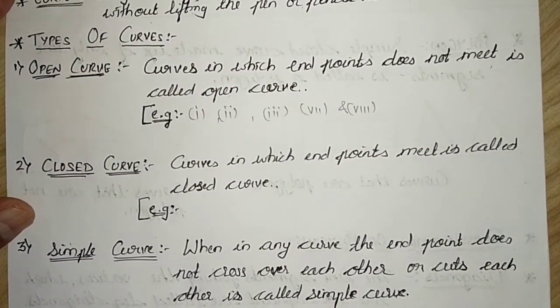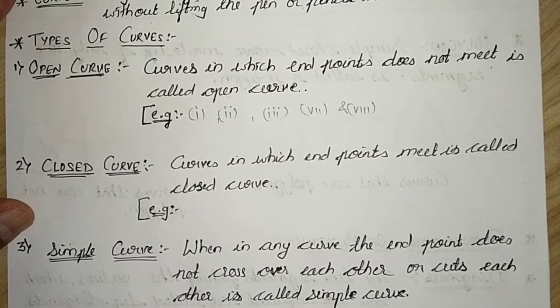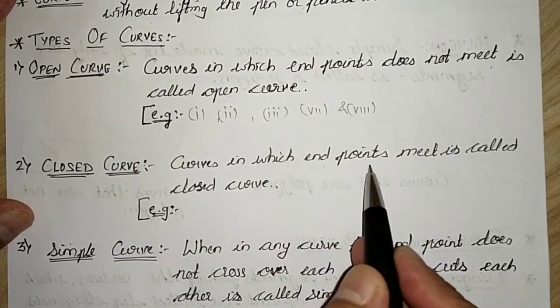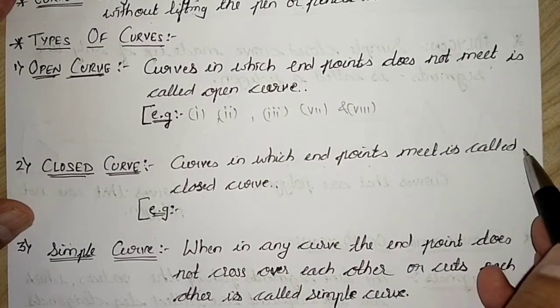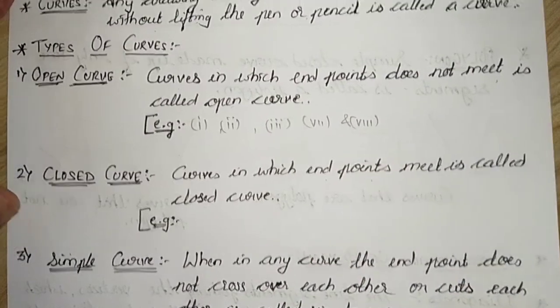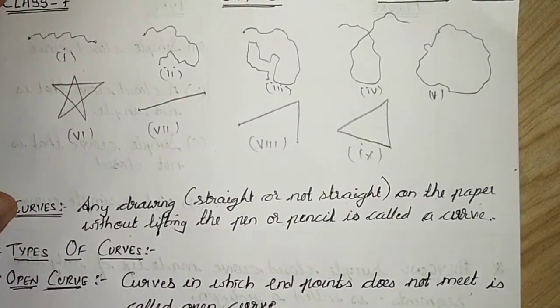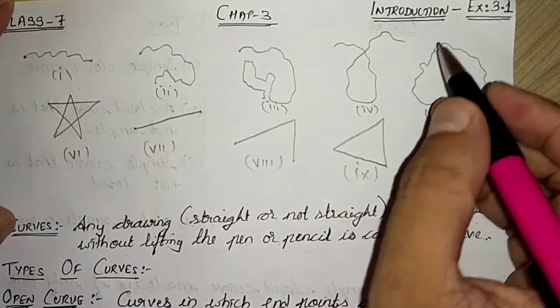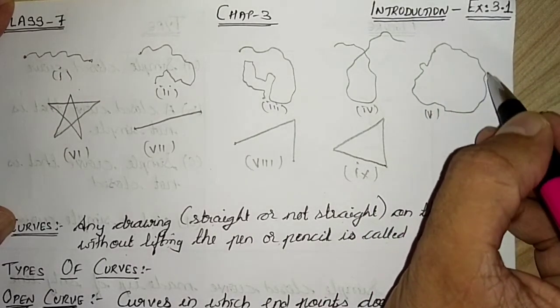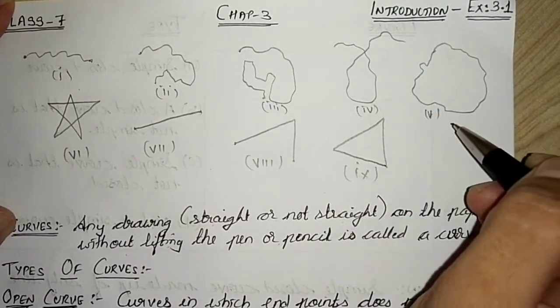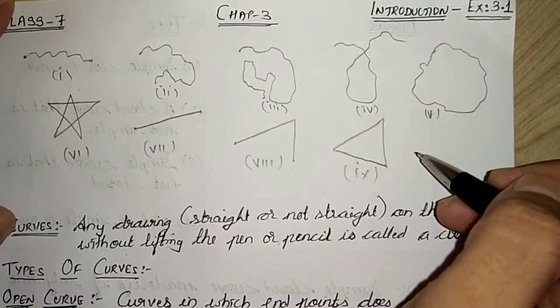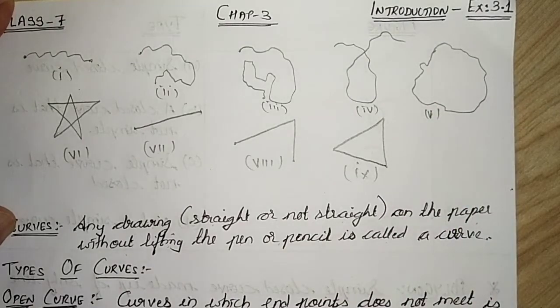Now it's time for the closed curve. A curve in which the endpoints meet is called a closed curve. Now let us see where the endpoints meet. Here you can see I have started from here and the endpoints are meeting at one point, so it is a closed curve.